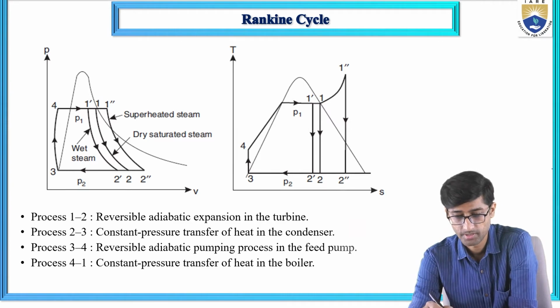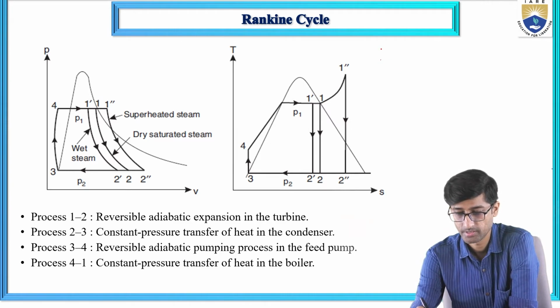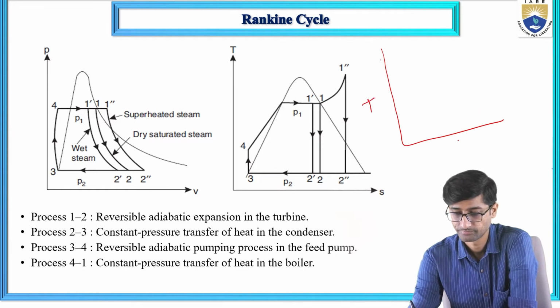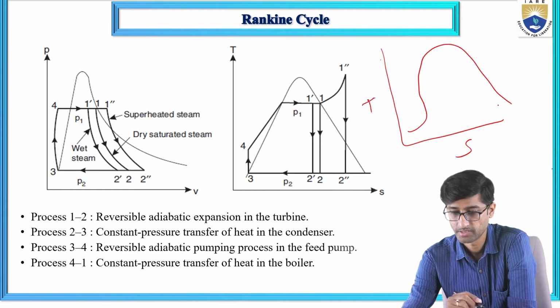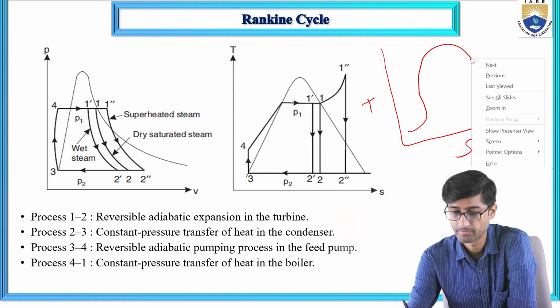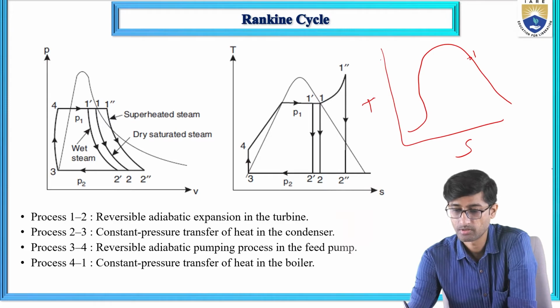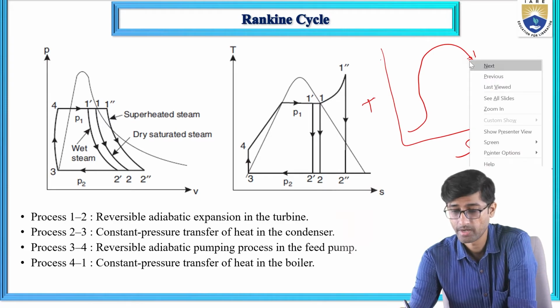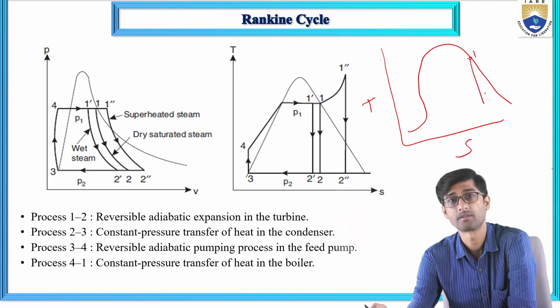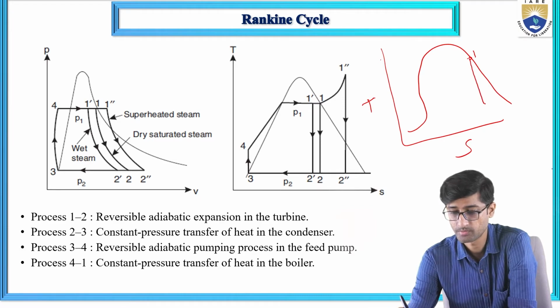So if you see the diagram here, let's say this is the TS diagram. Now if you consider this steam, here it is dry saturated steam, and this dry saturated steam is entering into the turbine, where it is expanded isentropically. After expansion, it becomes wet steam.